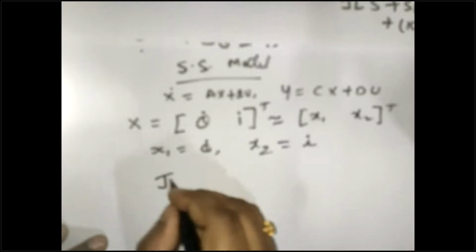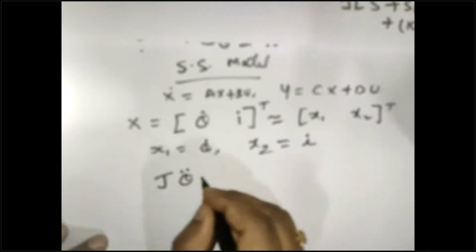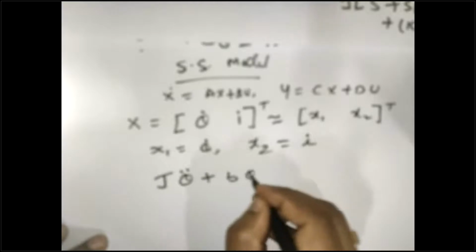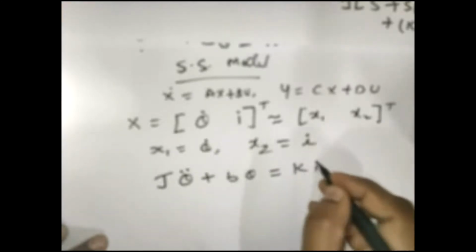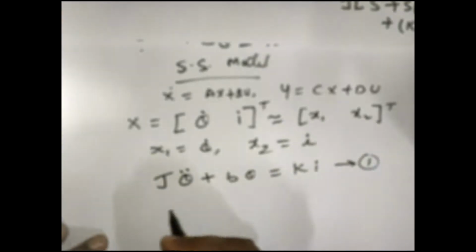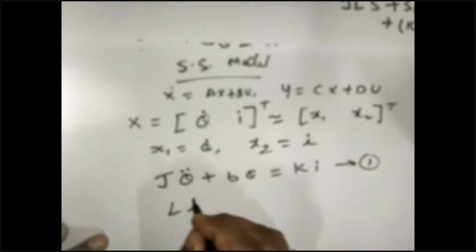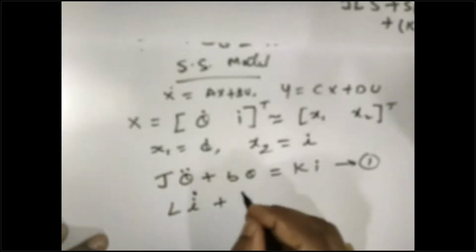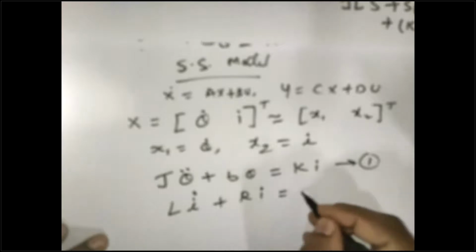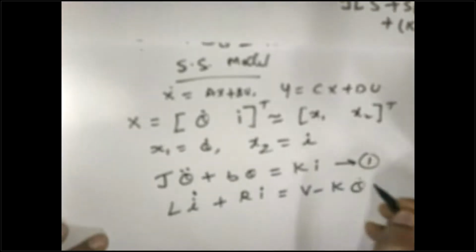The two equations: J theta double dot plus B theta dot equals K into I. This is my first equation. And the second equation is L i dot plus R i equals V minus K into theta dot.